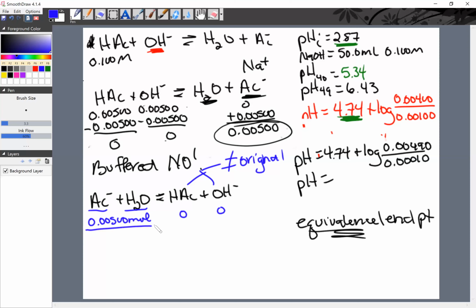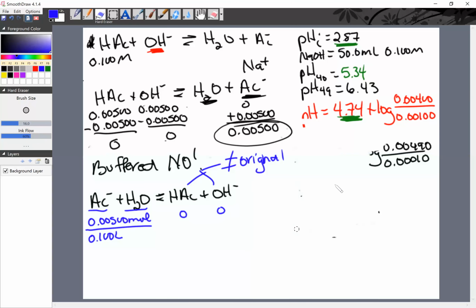If somebody will plug that out for me, what is that new concentration? So 0.005 divided by 0.1 is 0.05.